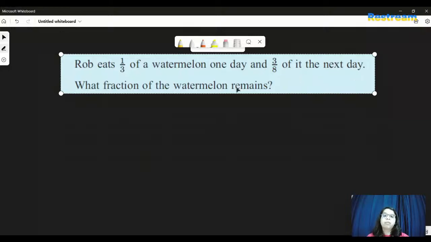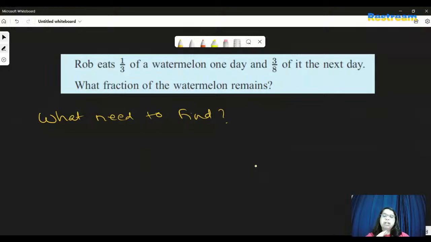What fraction of the watermelon remains? So we first have to see what they have asked us to find. Always ask yourself what you need to find.